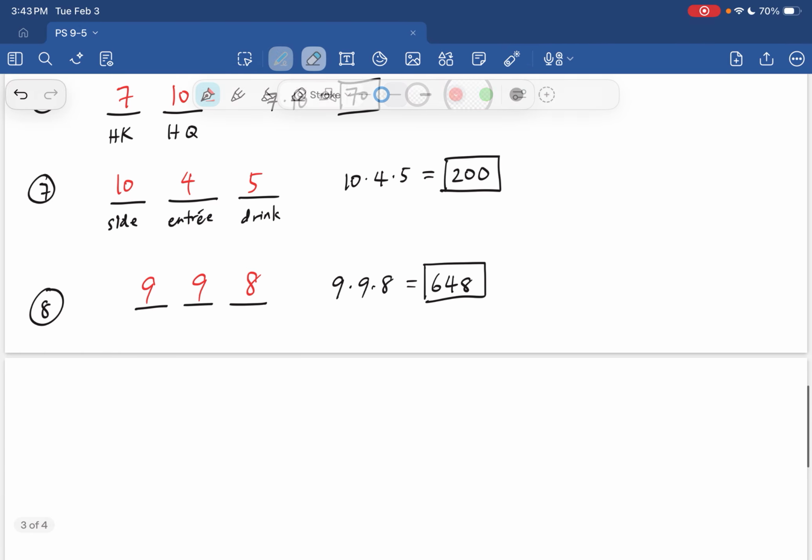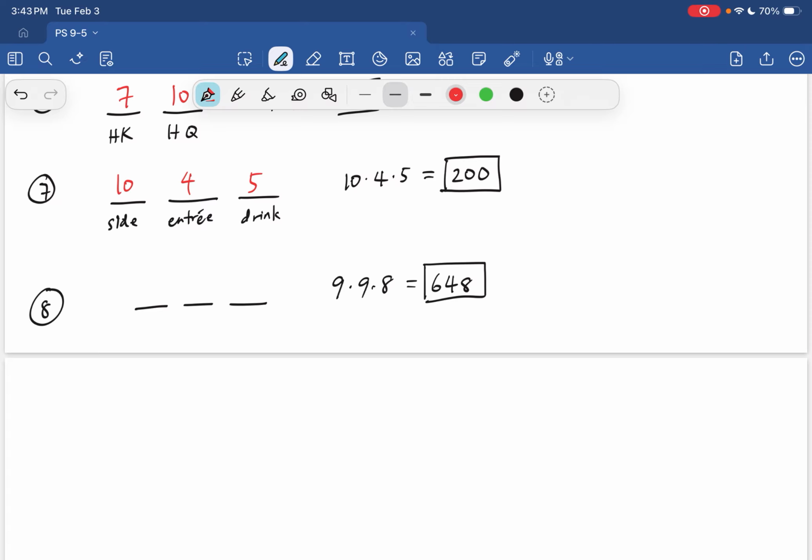Number 8 is a little more tricky, so I'll explain that more carefully. Here, I'm looking for 3-digit numbers where the leading digit is non-zero and there is no repetition of digits. This is tricky because you actually have to go in the most strategic order. As I said in class, you're going to want to start by trying to fill the digit that is the most restrictive, because otherwise you're going to run into problems with different cases, casework.